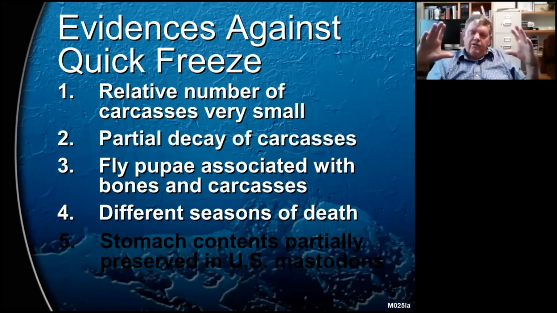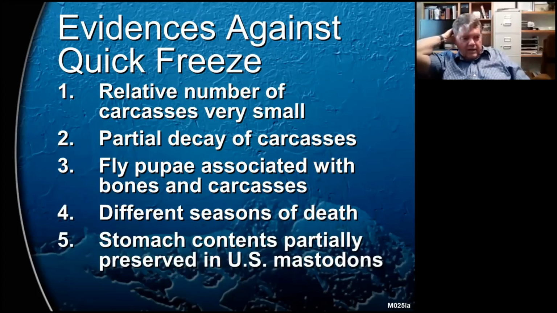Also, when you check the vegetation in their stomachs, you find that the vegetation is from different seasons. When they died, the vegetation is sometimes from summer, sometimes winter. So in a quick freeze, they would die all at once in the same season at the same time. Now, the stomach contents themselves are a partial mystery, and I think that can be explained, which I'll get to soon.